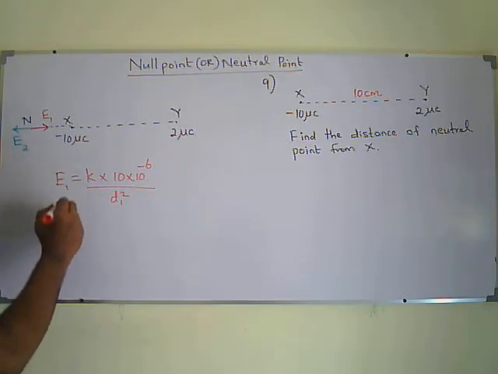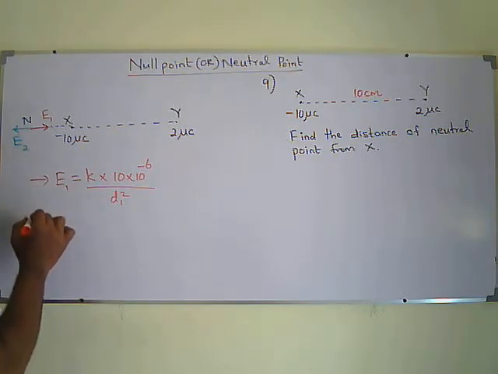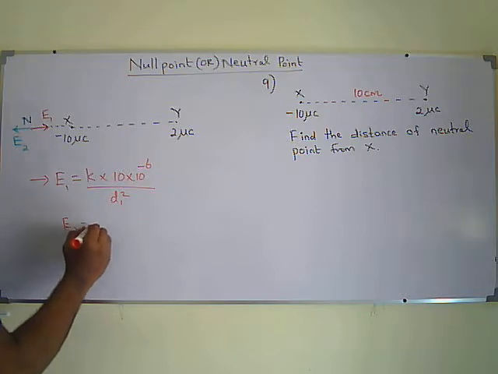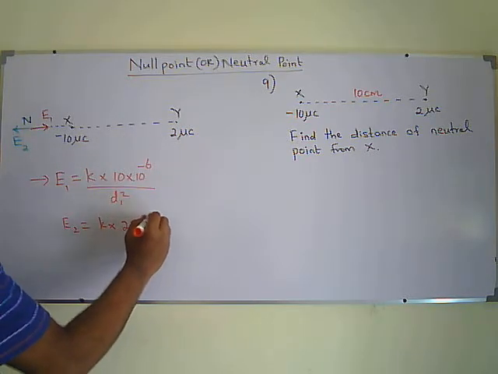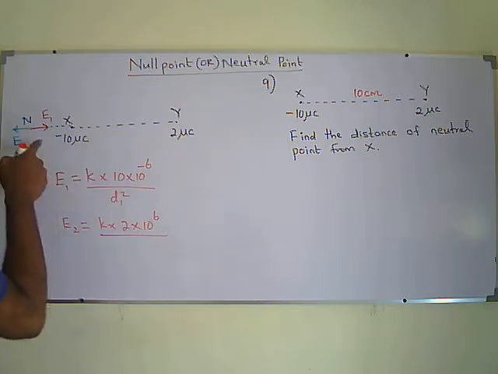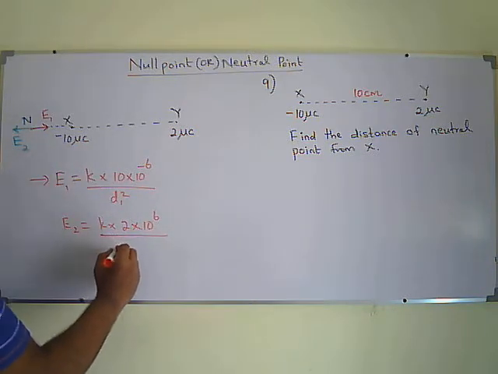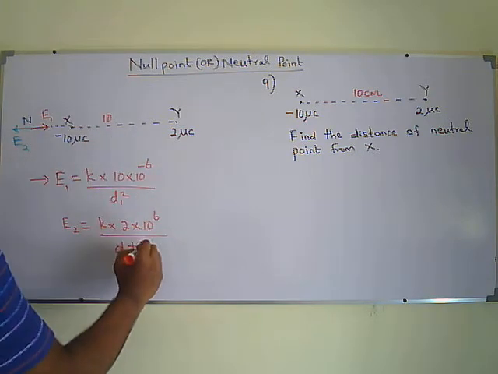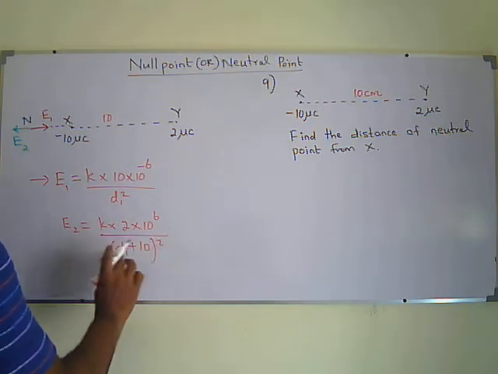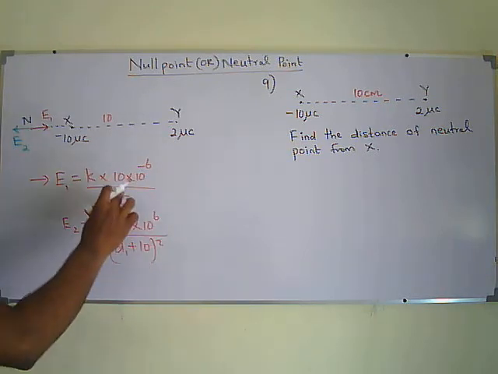But E2, that is towards the right, will be k times 2 into 10 to the power minus 6 over d1 plus 10, squared, since this distance is 10. I can convert to meters, but I'm just analyzing it, so I'm not converting the units.